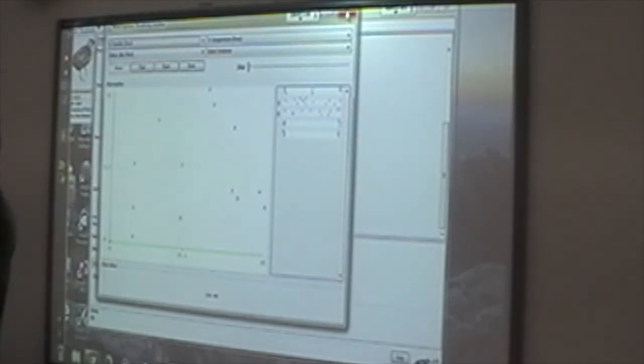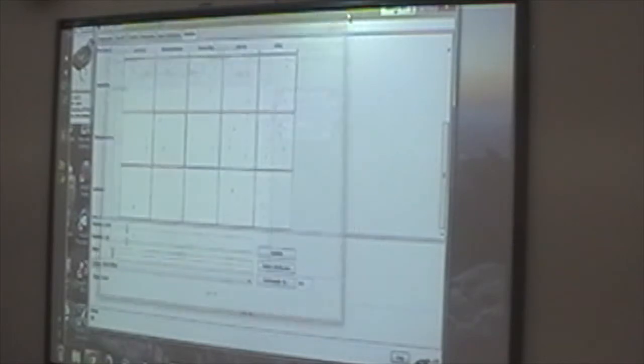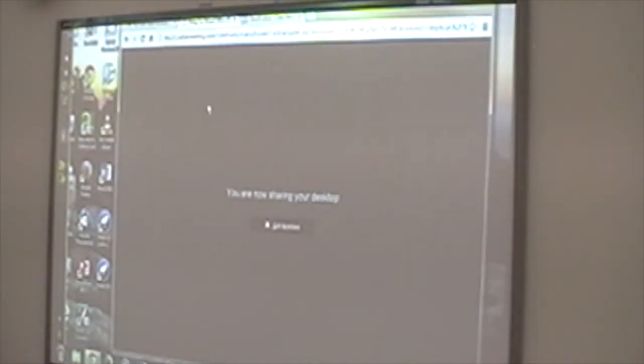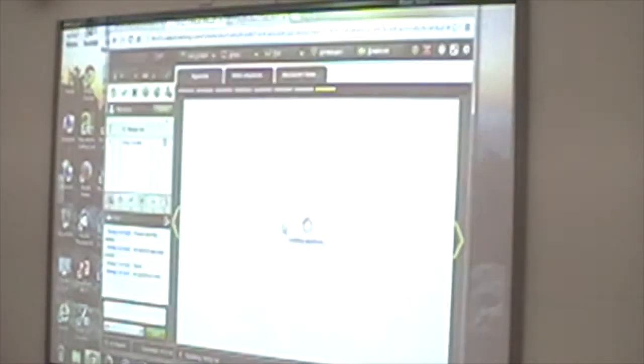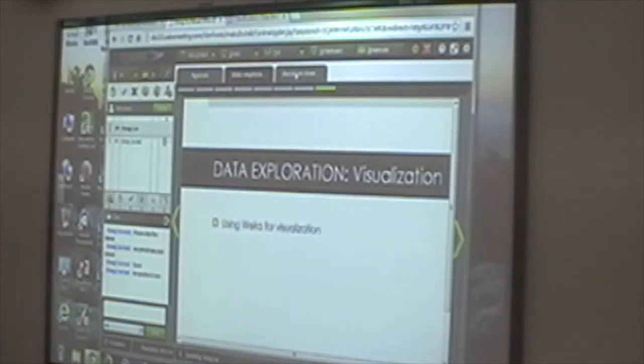I'm going to continue with the weather example because it's going to be really clear to use here. So I'm going to get out of Weka for now and go back to the slides.